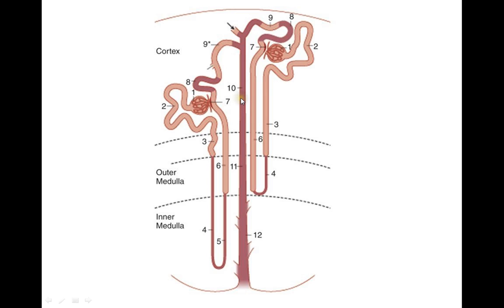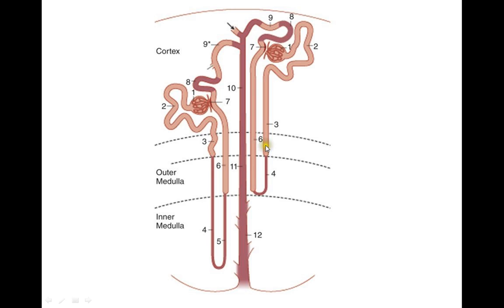We have a cortical collecting duct, which is located in the cortex. It is shown by number 10, and a medullary collecting duct, which is placed in the medulla. And this, in turn, can be divided into two different parts.